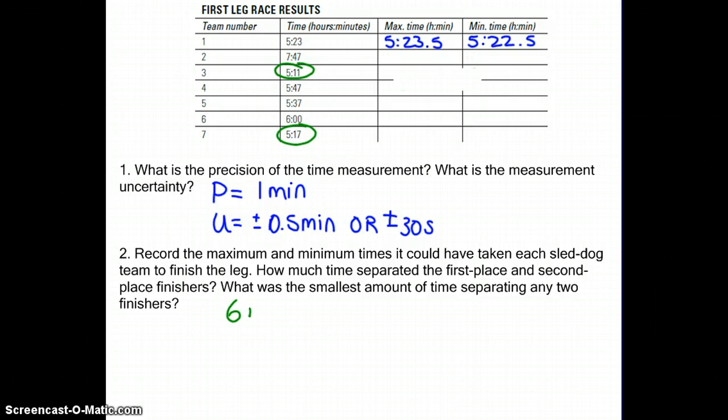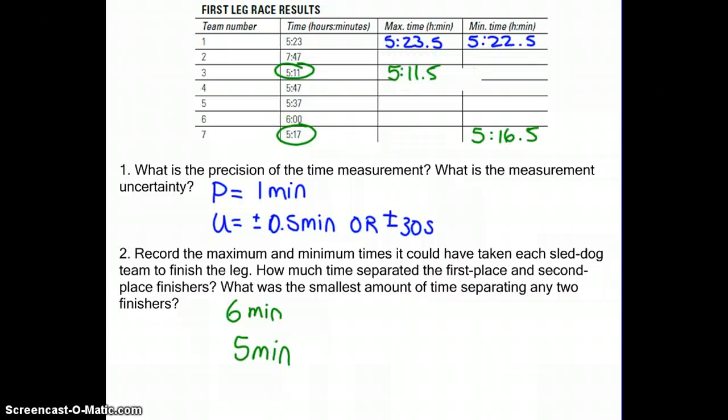So 6 minutes separates first and second, but if you take your minimum time for your first place finisher, which would be 5 hours, 10 minutes, 0.5, and the max time for your second place finisher, which would be 5:17.5, you would end up having less than that. You'd end up having 5 minutes between. So it depends on your uncertainty on how the rounding actually went.